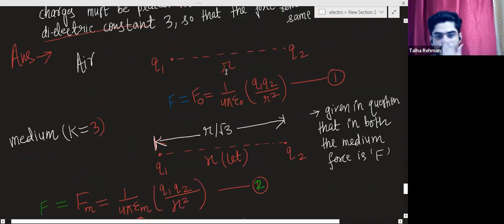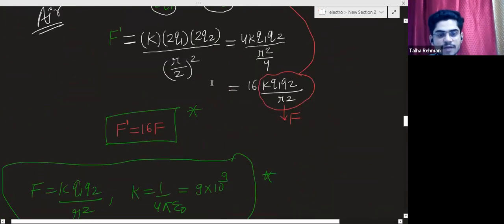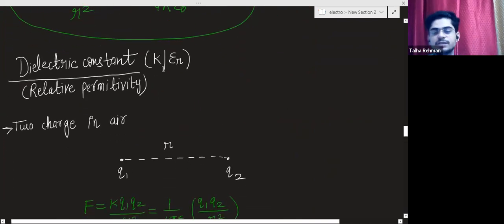So, in today's class, let's recap. I started from the dielectric constant. Dielectric constant is simply K or epsilon r, also known as relative permittivity.